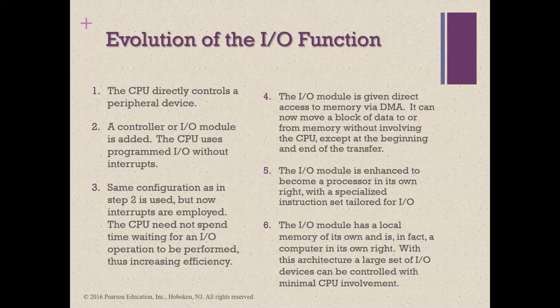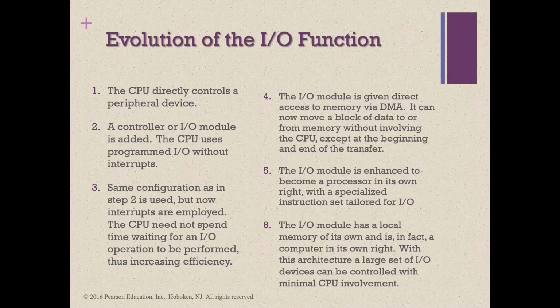We have already seen part of that evolution, and that evolution is summarized here as follows. 1, the CPU directly controls a peripheral device. This is seen in simple microprocessor control devices.